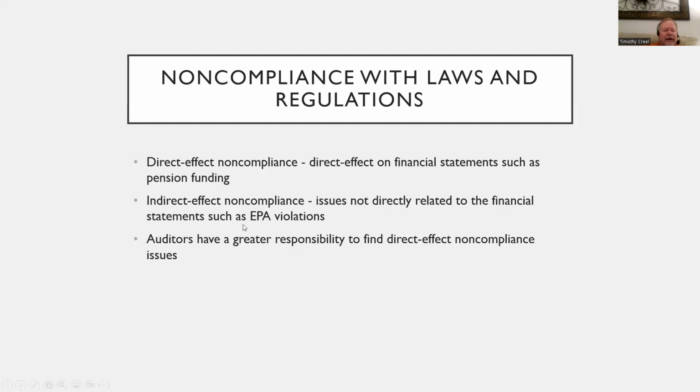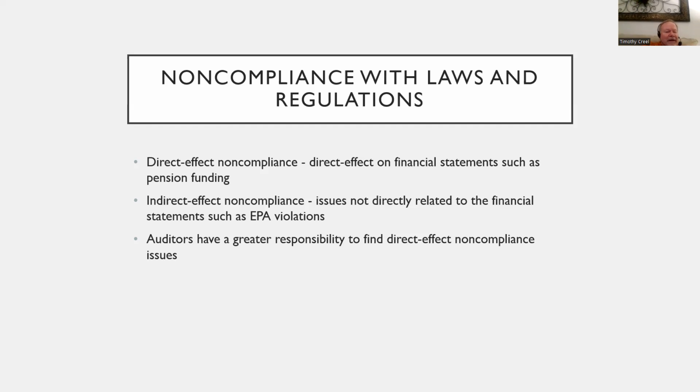Now, indirect effect noncompliance issues are not directly related to the financial statements, such as EPA violations. As an auditor, you're not really held responsible for knowing this, because if there's some kind of waste violation, you're just auditing the financial statements and the internal controls.